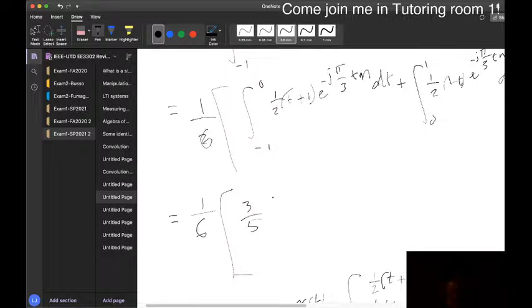So the integral from -1 to 0 of t times e to the j pi over 3 t n dt. Wait, hold on. That's integration by parts.